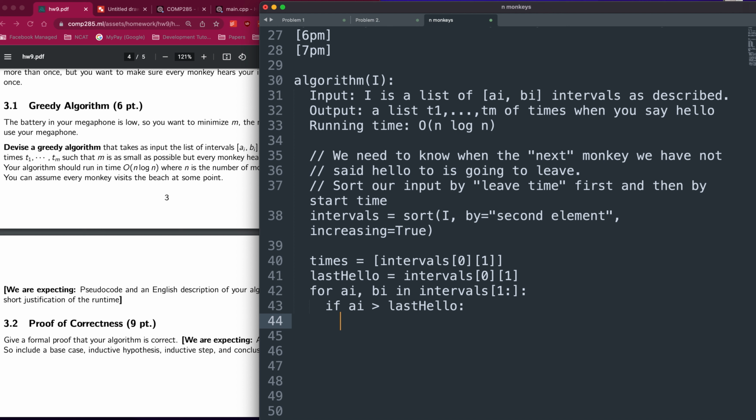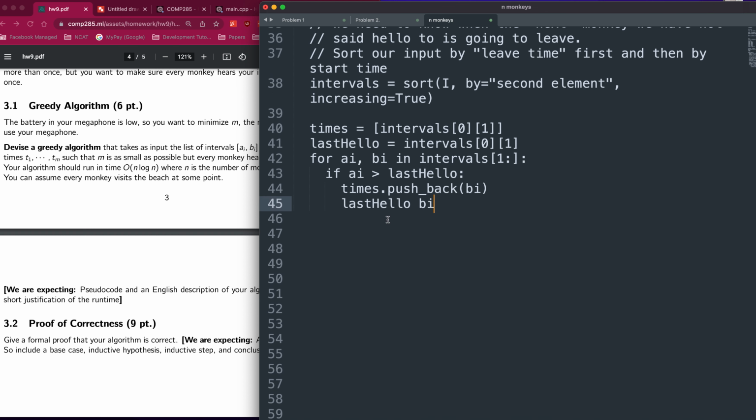More monkeys might still come, but he's the one that leaves next earliest. So we have to say hello to him at the time that he leaves. So we say times.push_back(bi), and then last hello is bi. And then we keep iterating over this.